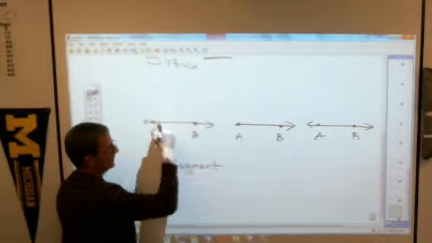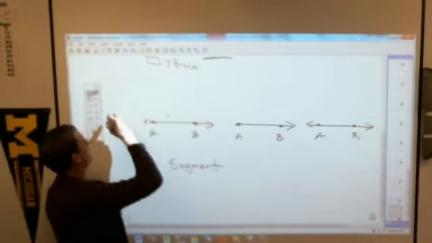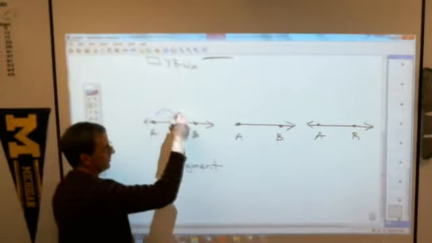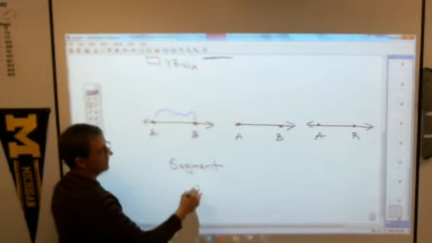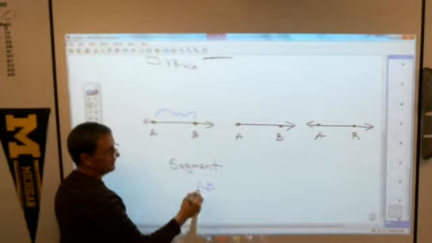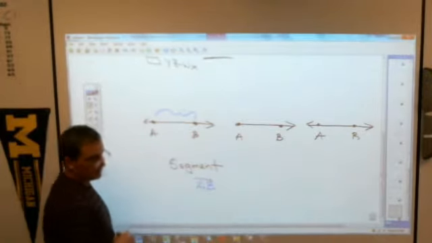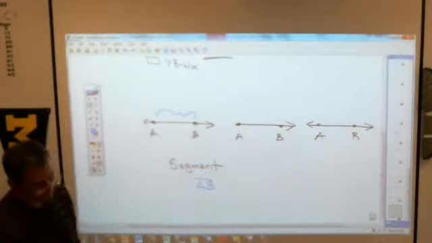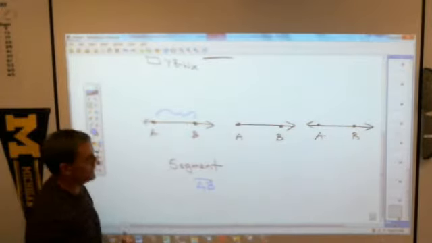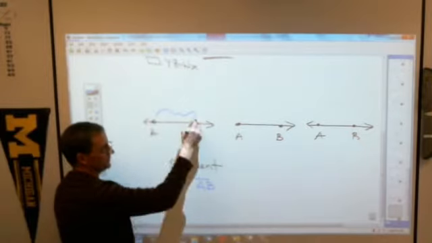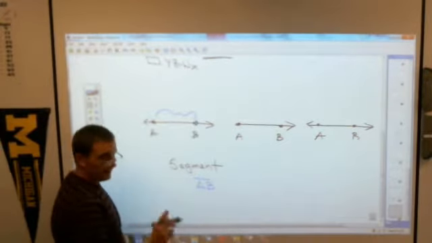Okay, if I want to tell somebody that I'm talking about just this piece of that line, which is a segment, you would write the letters A, B, and you would put a segment above it. Okay, that tells somebody you mean just this piece from here to here.